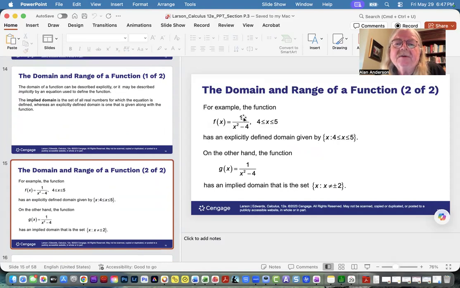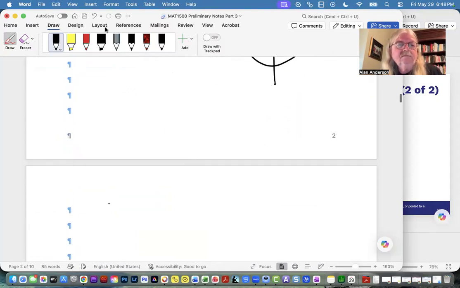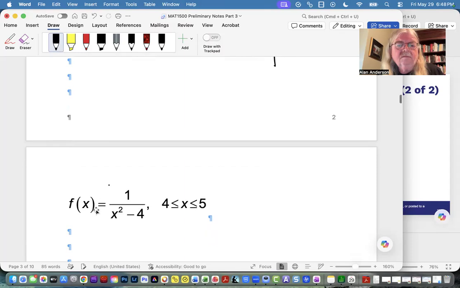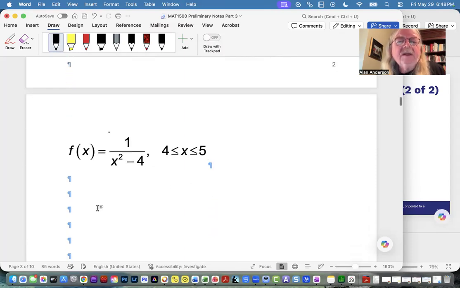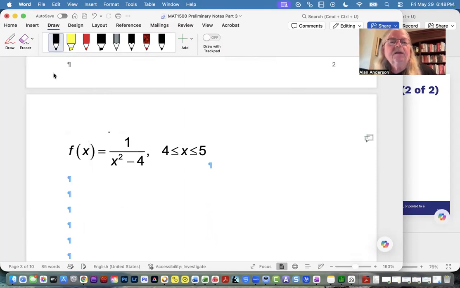So here's an example of that. Okay, now by the way, this part tells me that we're restricting the function to 4 or 5.